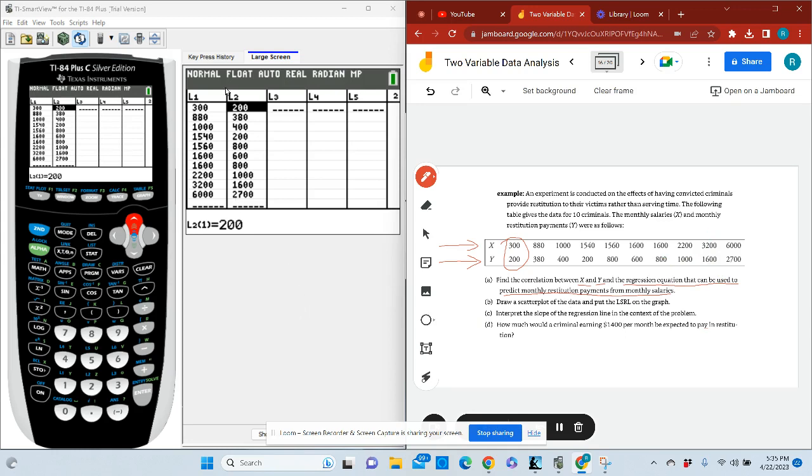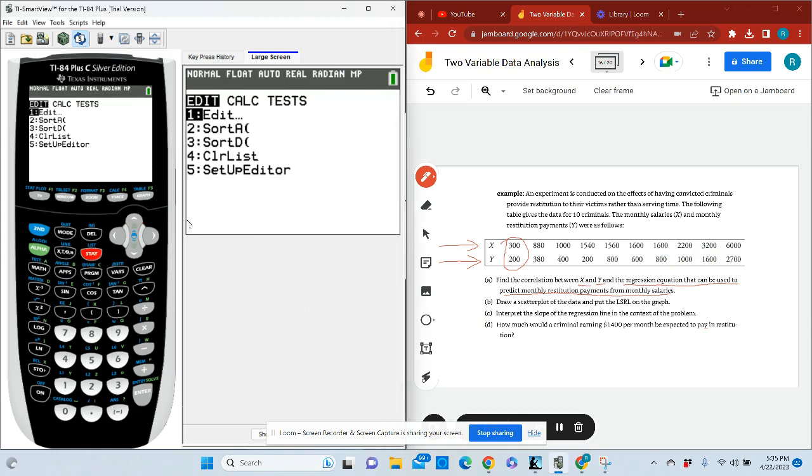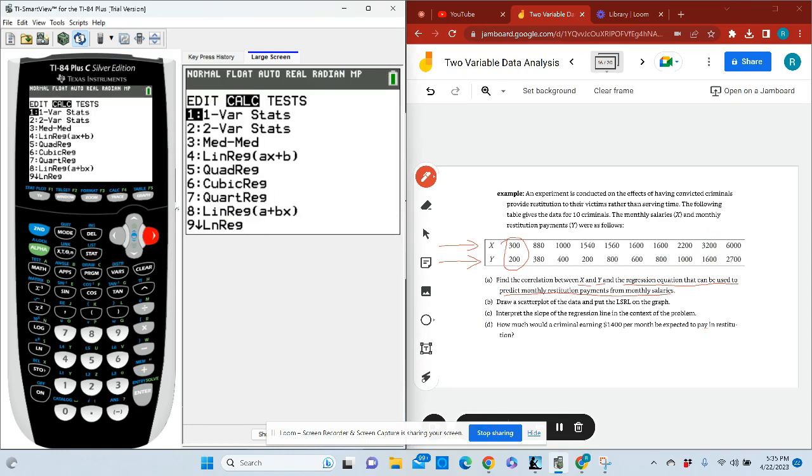Once your data is in the lists, you're going to hit stat, calc, and don't get confused here. When we were dealing with one variable data, we did one variable stats, but we're not going to use two variable stats. That's not the linear regression button that we want. The linear regression button that we want is either function 4, LinReg(ax+b), or function 8, LinReg(a+bx).